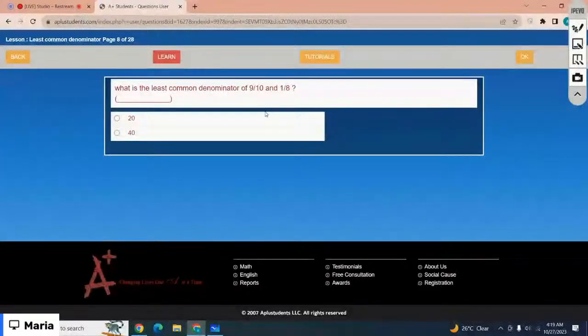That would be 8 times 5 is 40. So the correct option is 40. Got it? Okay, what is the least common denominator of 1 by 5 and 1 by 2?